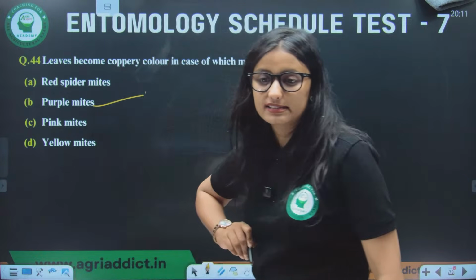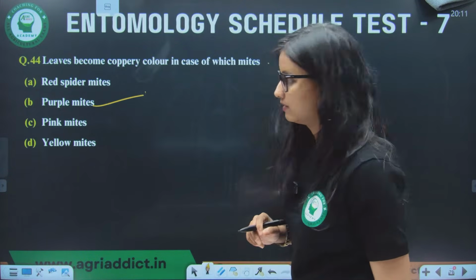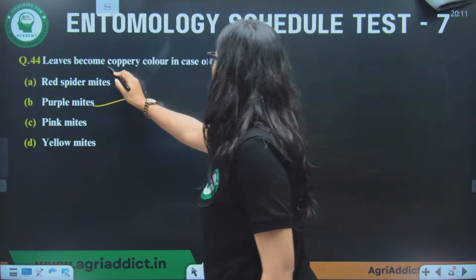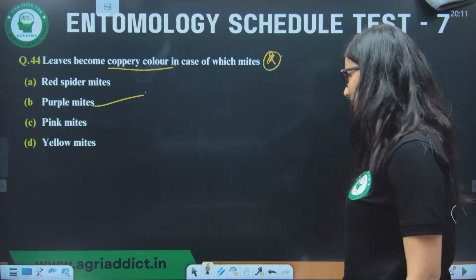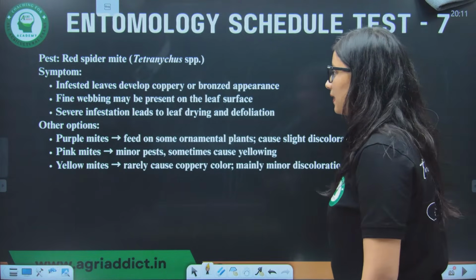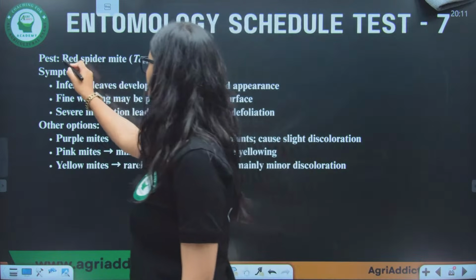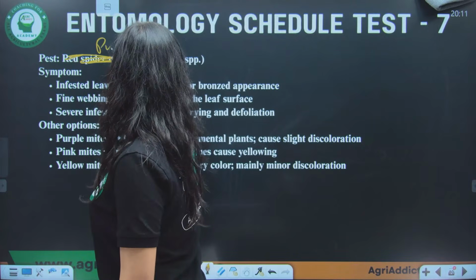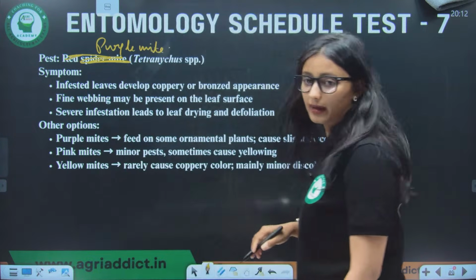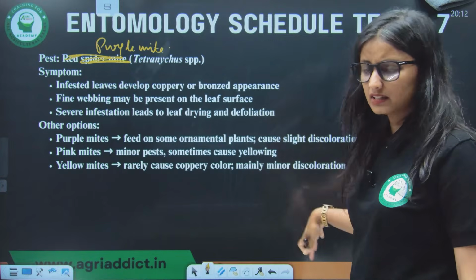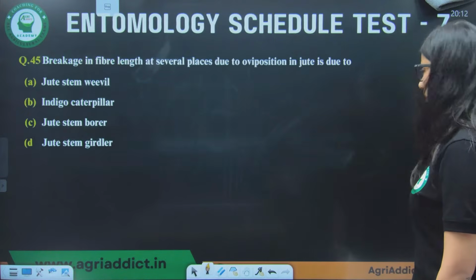Purple mites is the correct answer. Purple mites give a coppery color to the leaves. Okay? This is not red spider mite. This is purple mite. I will correct this PDF. Okay? There are many things written poorly here.